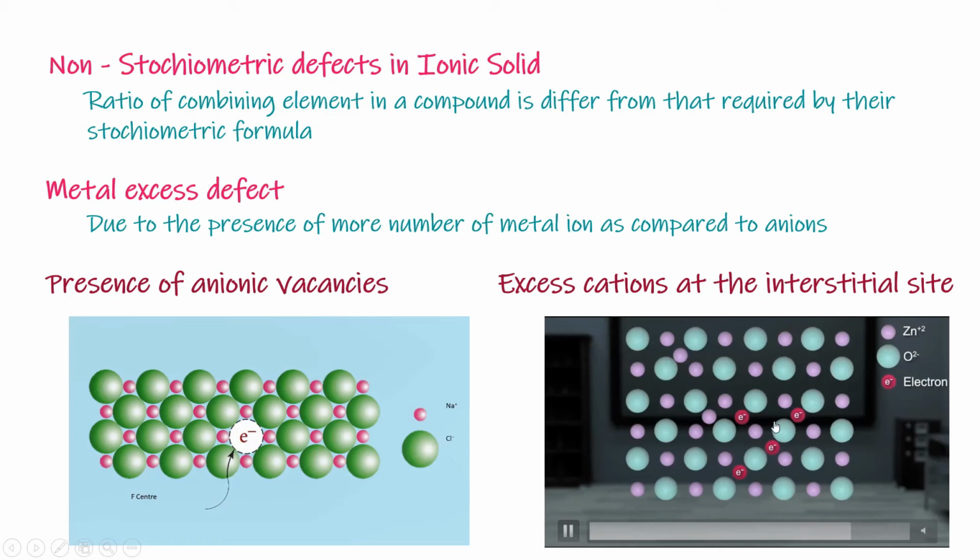The extra electrons also occupy neighboring interstitial positions to maintain the whole crystalline solid electrically neutral. This type of crystalline solid acts as a semiconductor because it has some free electrons in it.